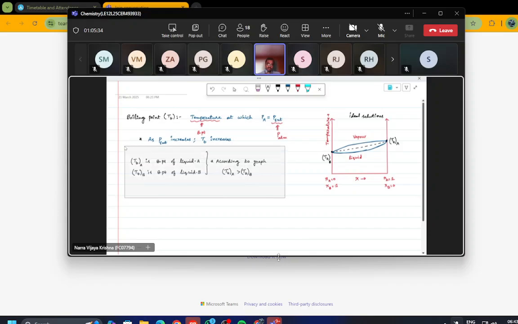Because the vapor pressure of B is greater than that of A. So PB naught is greater than PA naught. Do you understand? Correct or not? No confusions? The vapor pressure of B is more, therefore its boiling point is low. Correct? No questions?